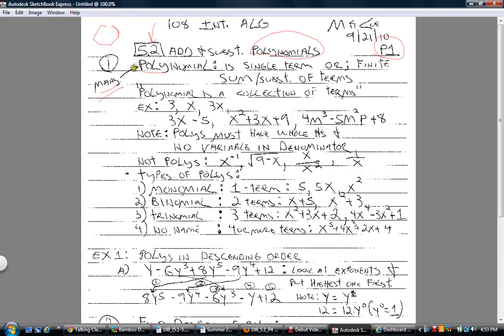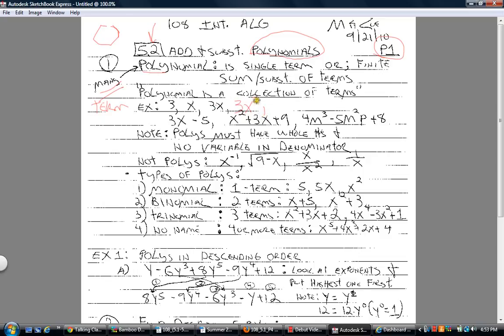And so what we're working with here is a term you should be fairly comfortable with. It could be either a number or a letter, or a number times a letter. Some more examples: a coefficient, I say number, but coefficient's the technical term, times a variable raised to an exponent.